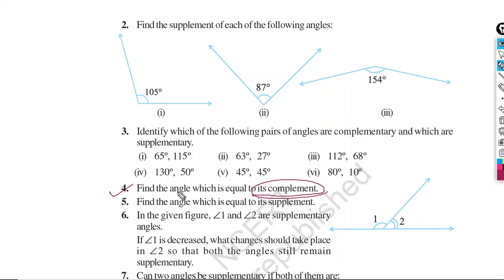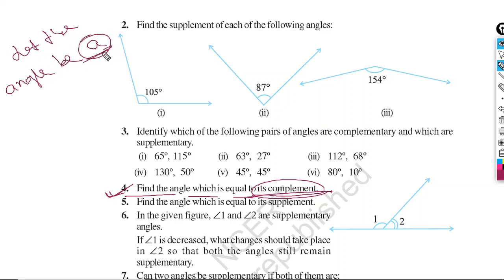Now question 4: find the angle which is equal to its complement. Very nice question. Read the question again. Find the angle which is equal to its complement. So let the angle be A. We will assume that angle is A. It is saying find the angle which is equal to its complement.